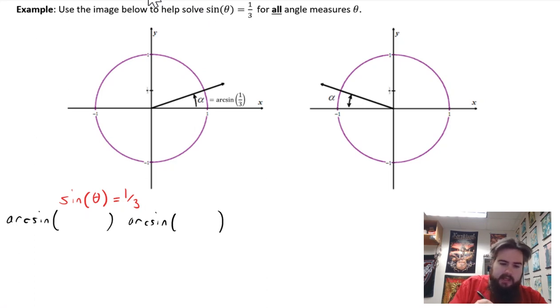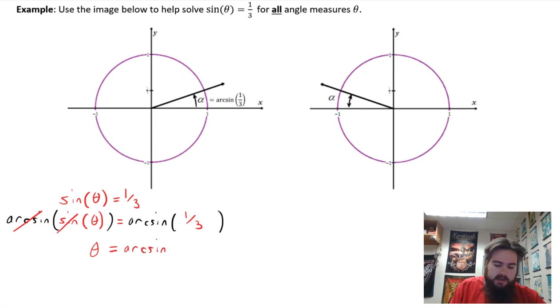For example, I will have arcsine of sine of theta is equal to arcsine of 1/3. What that will allow me to do, similar to when taking a root of two sides where you have an exponent, is cancel out the function of sine in order to have simply theta is equal to arcsine of 1/3.